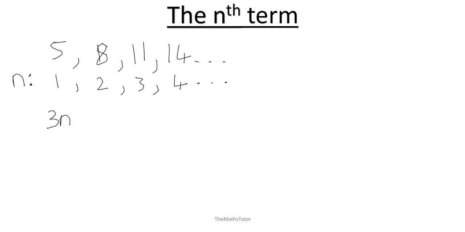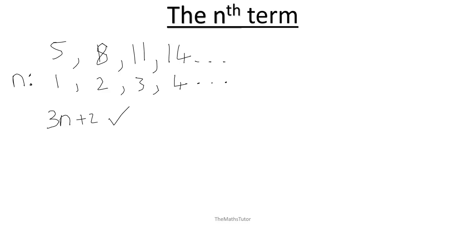So to get from 3 to 5, I have to add 2. Now we can check. If we take n equal to 2, this will give me 3 times 2, which is 6, plus 2 will give me the 8. 3 times 3 is 9, plus 2 will give me the 11, and so forth. So we can see that this is correct.